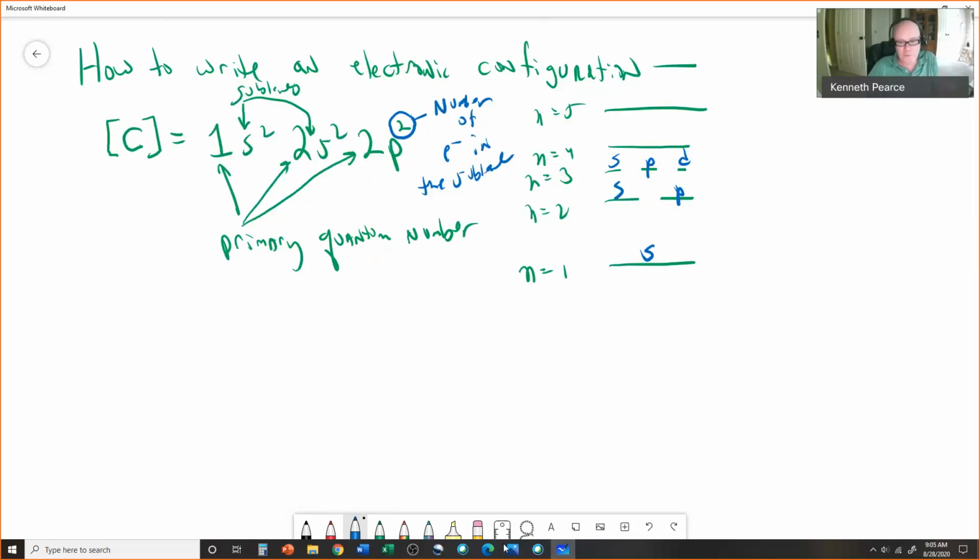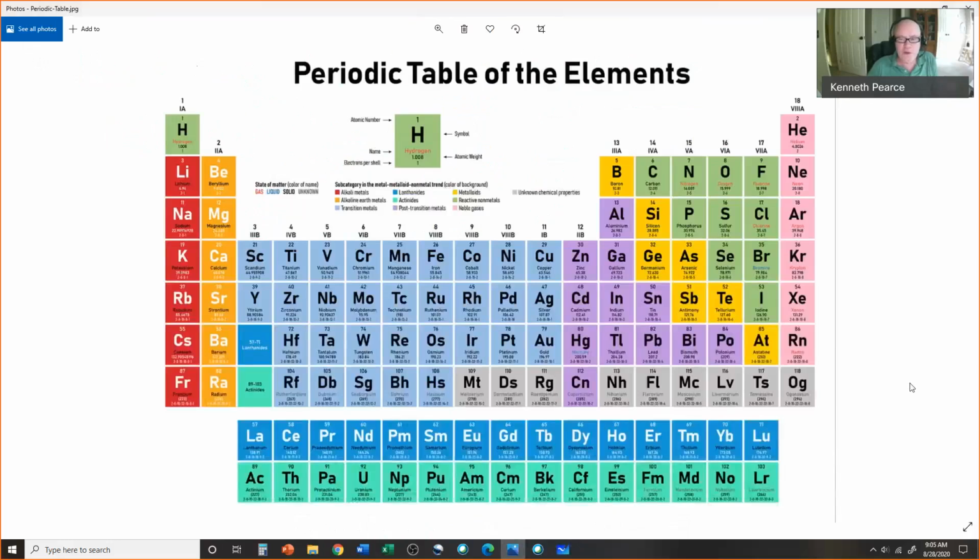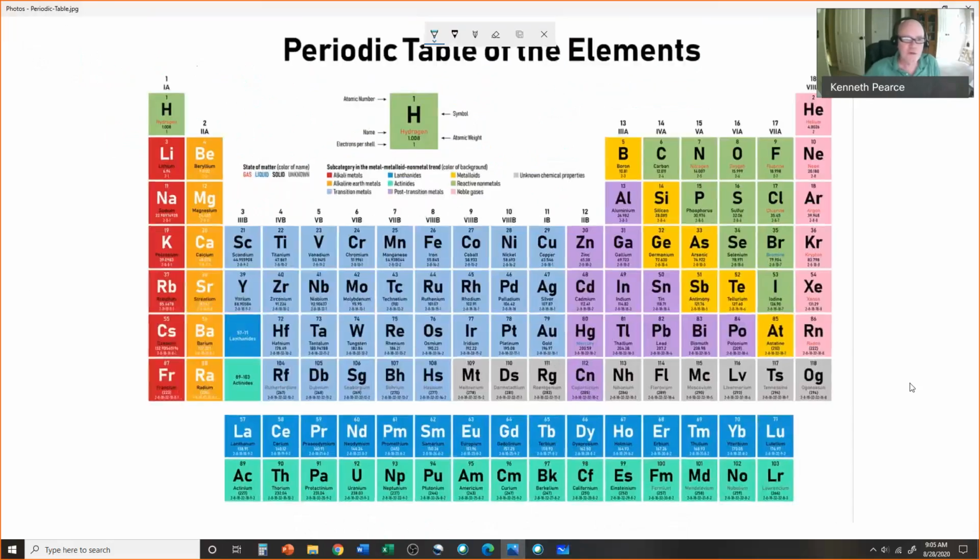So what we do is we look at the periodic table and we divide it up into S, P, and D. And it turns out the reason why the periodic table is the way it is, is actually because of the way the electrons are arranged. So for instance, this block right here is the S block.